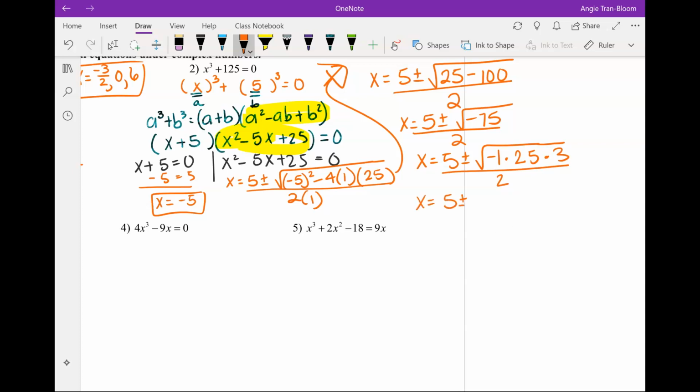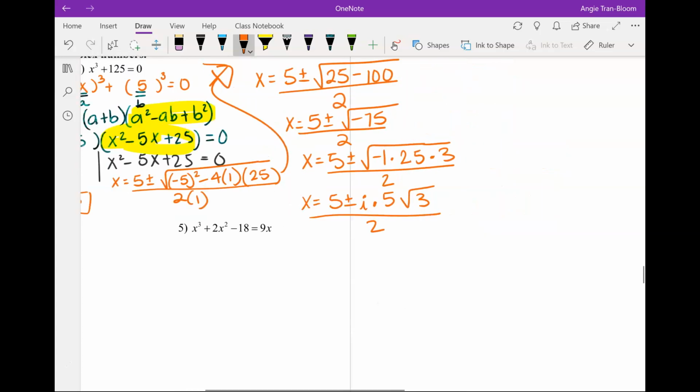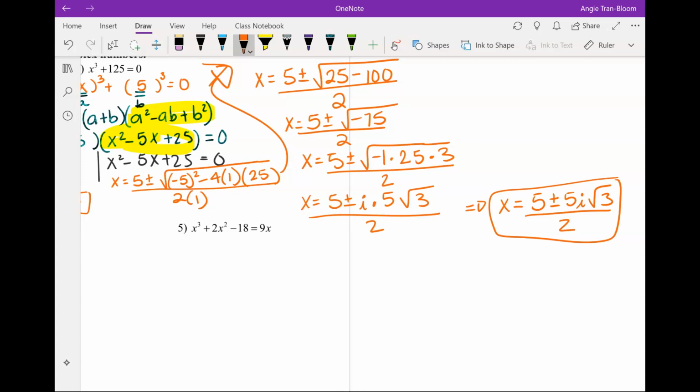Ooh, careful. What's square root of negative 1? I. Okay. What's square root of 25? 5. And square root of 3, there isn't anything we can do, so we leave it. We just now have to write that a little bit prettier. So we normally don't write i5, we write 5i, so final answer is 5 plus or minus 5i times radical 3 all over 2. And box that up.